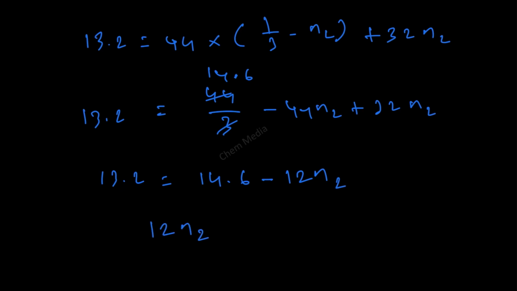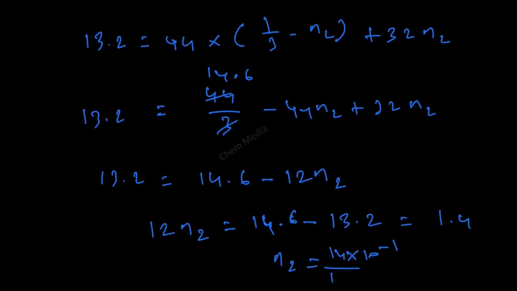Therefore, 12 N2 is equal to 14.6 minus 13.2, which means this is equal to 1.4. So therefore N2 is equal to 14 times 10 to the power minus 1 divided by 12. 14 by 12, we can do it one time.